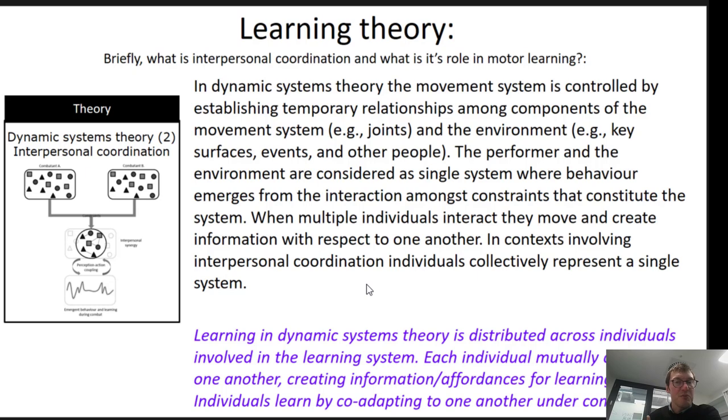Each individual mutually constrains one another, creating information, opportunities for action, for learning on the basis of that mutual constraint. Individuals learn, therefore, by co-adapting to one another under constraint. So someone moves, I adapt to that, they co-adapt, and this creates information that we both benefit from.